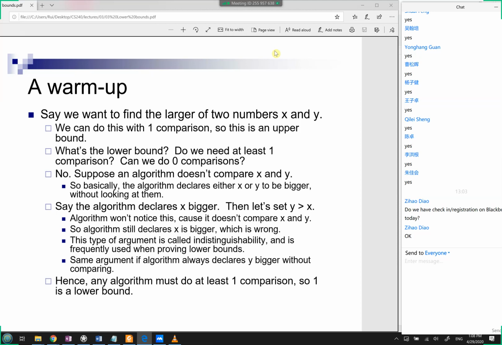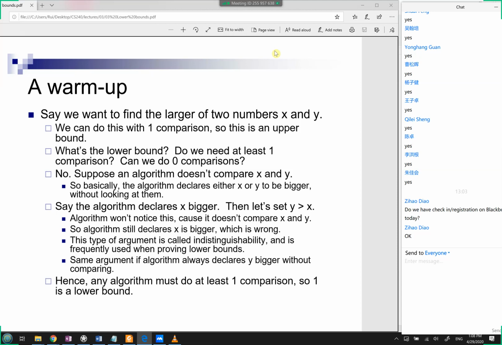You can think of yourself as an adversary to the algorithm. The algorithm is trying to solve the problem as efficiently as possible, and you're trying to defeat the algorithm and make it not be able to solve the problem quickly. These adversary arguments often work by using an indistinguishability argument.